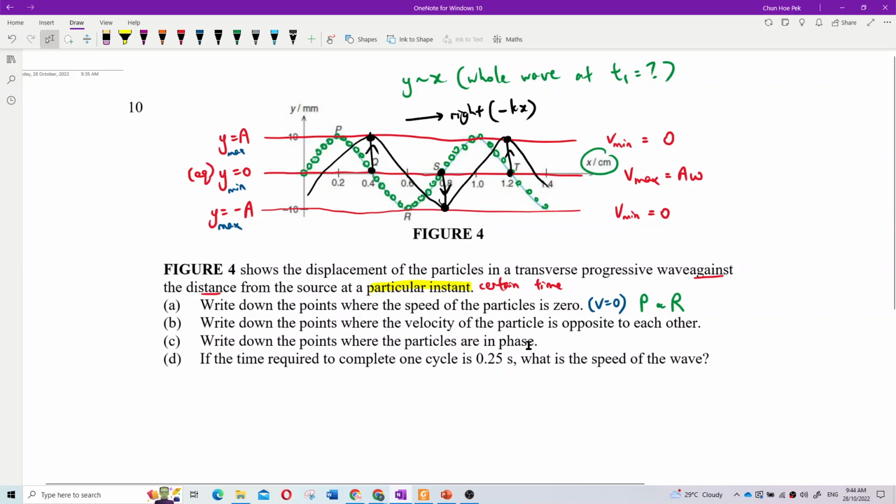So which ones are opposite in direction? Q and S, and S and T. There are two pairs: Q and S, S and T. Can, class?